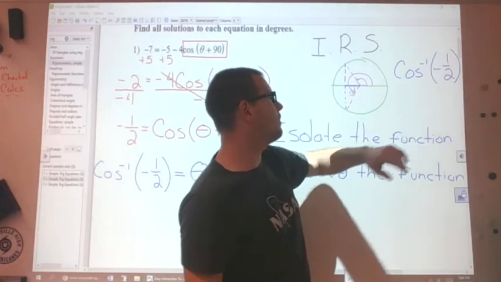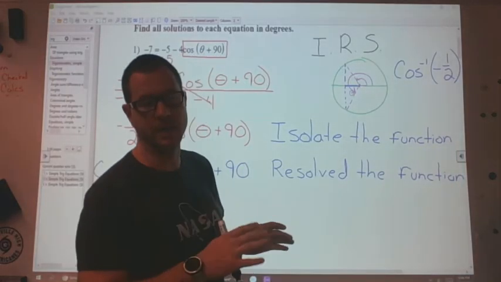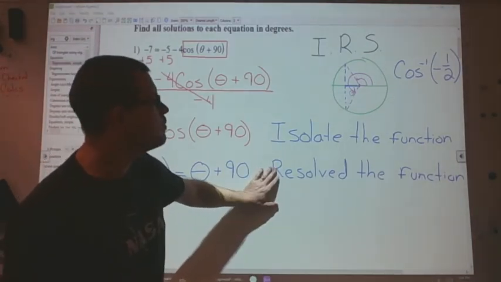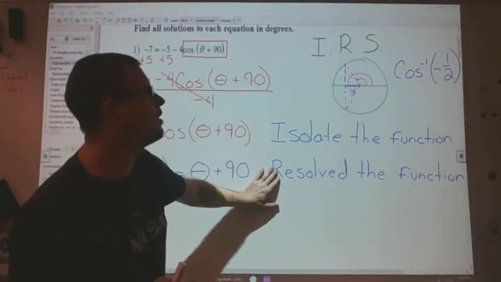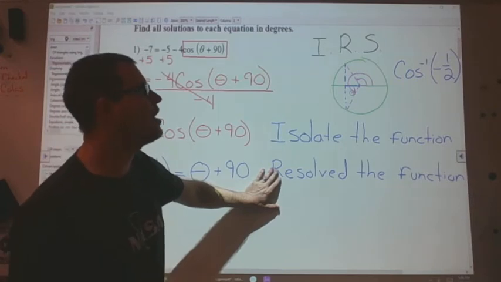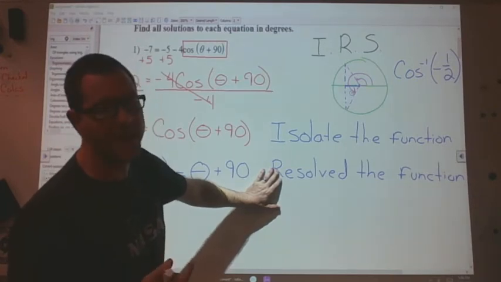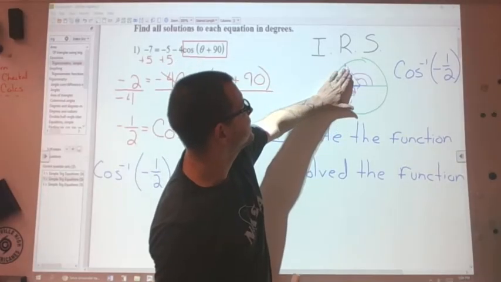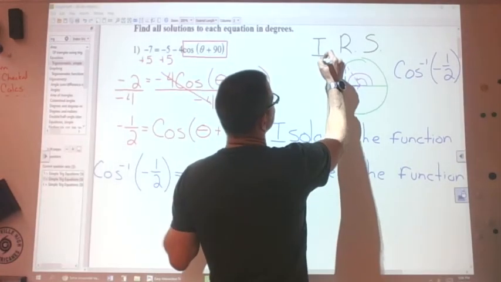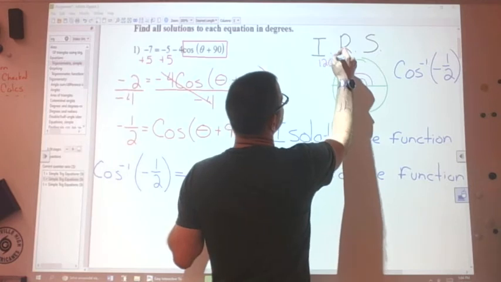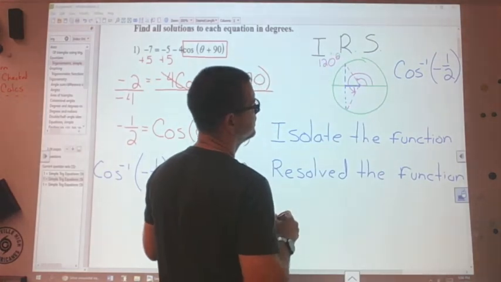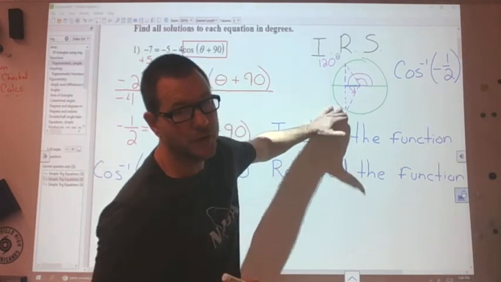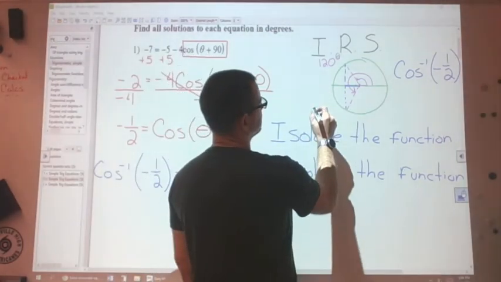And then I can either do it on my calculator, so just inverse cosine negative 1/2 or inverse cosine negative 0.5. Or I could remember from the unit circle that angles that have a cosine of 1/2 are 60-degree angles. And in the second quadrant, that's 120 degrees. And in the third quadrant, that's 240 degrees.